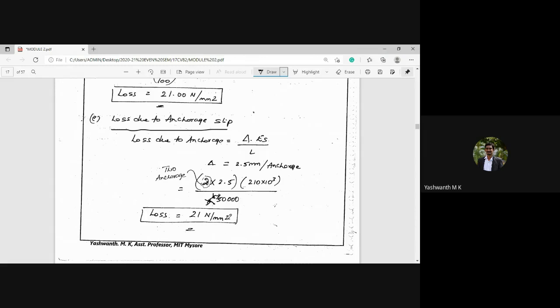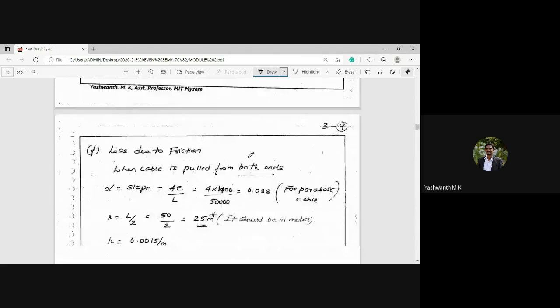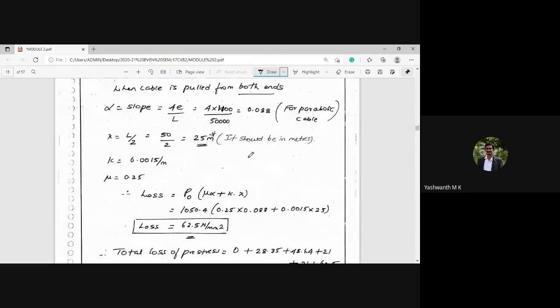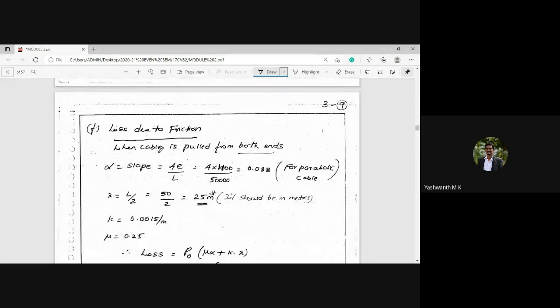Is it clear? So two things you need to be very careful about here. One is how much slip has happened in each anchorage, and the other is the length. Next, coming to the loss due to friction. When you go with this particular problem, we need to go ahead with a particular formula, depending on whether the cable is pulled from both ends or one end.